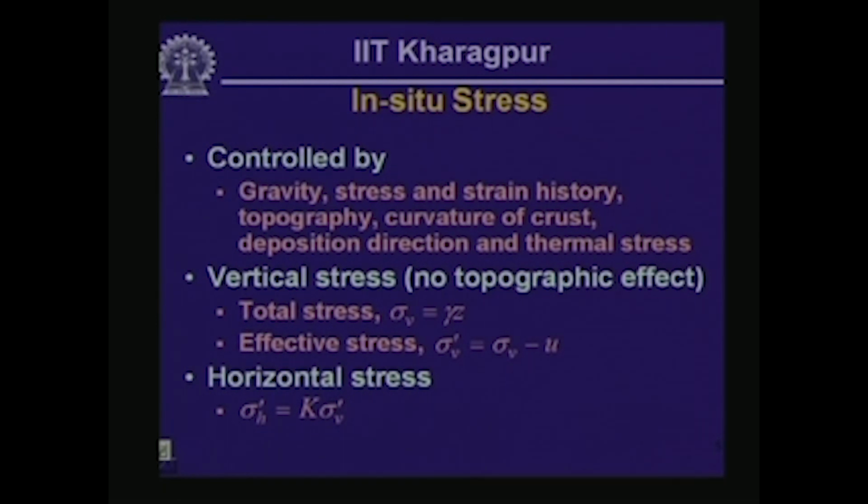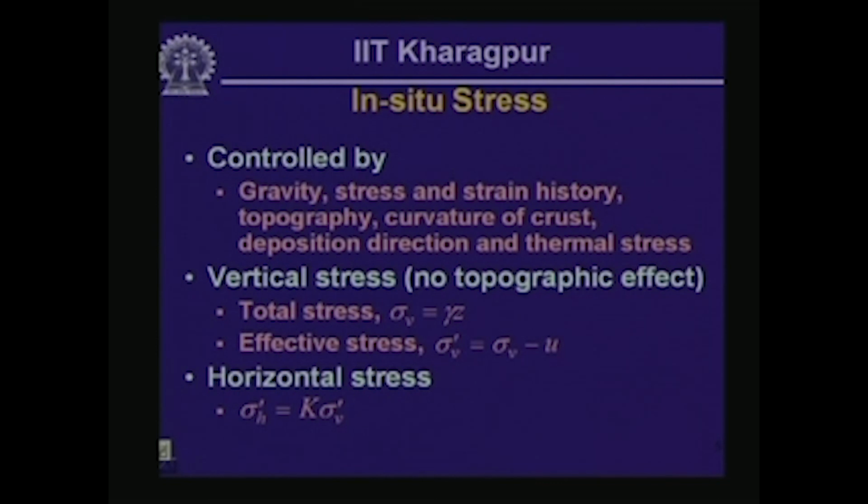Now, the in situ state of stress consists primarily of the vertical total stress. This is vertical total stress, and we have looked at that also. That is going to be given by gamma times z. Gamma is the total unit weight of the soil or rock which is above the element that is being considered, and z is the depth of the element below the surface.